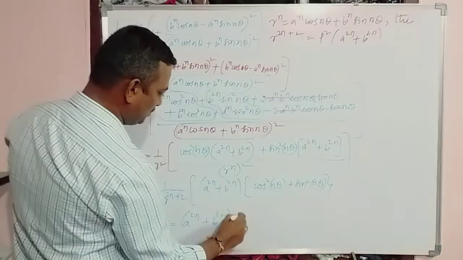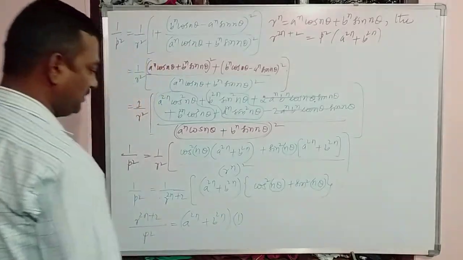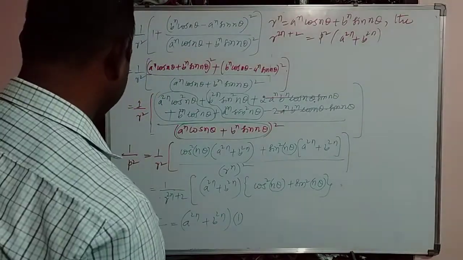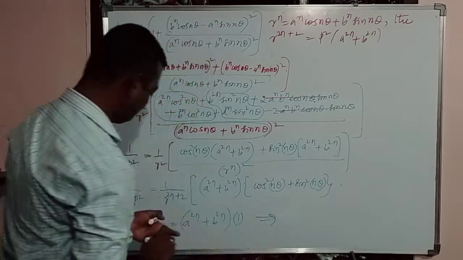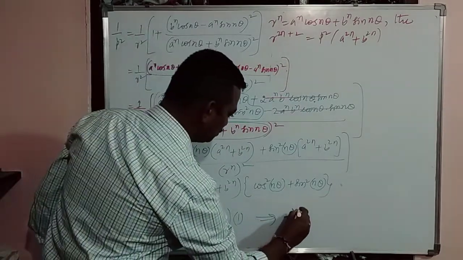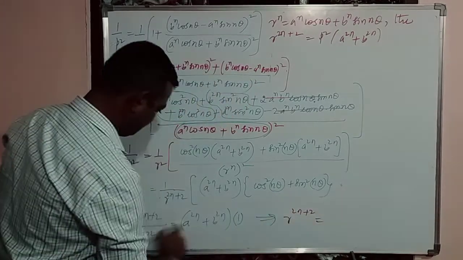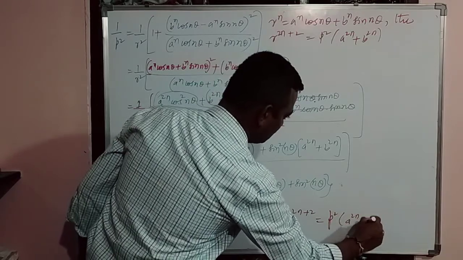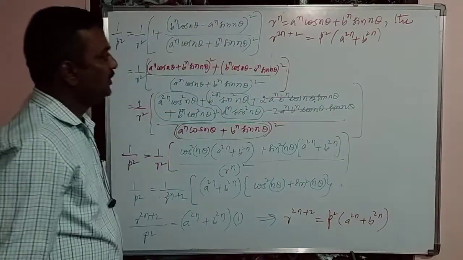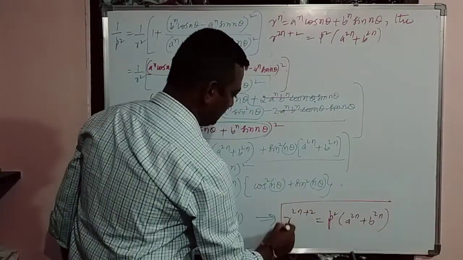This total value is 1, since cos square n theta plus sin square n theta is equal to 1. So we need to express in this form, which implies r raised to 2n plus 2 is equal to p square into (a raised to 2n plus b raised to 2n). So which is the required result.